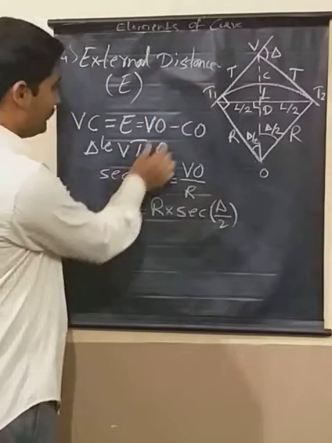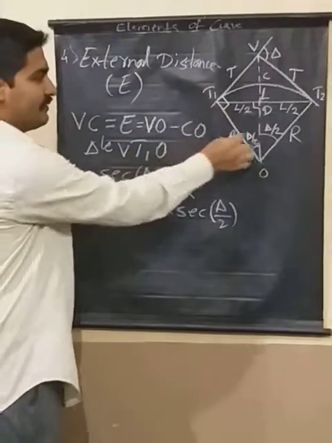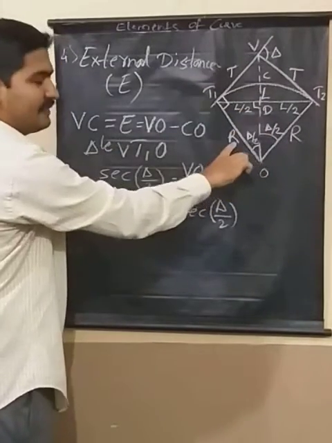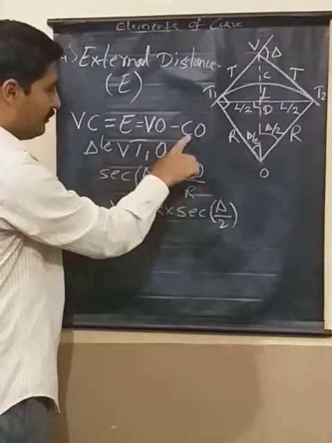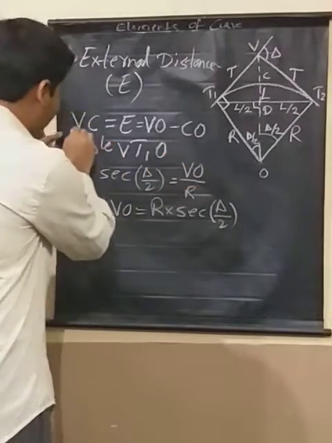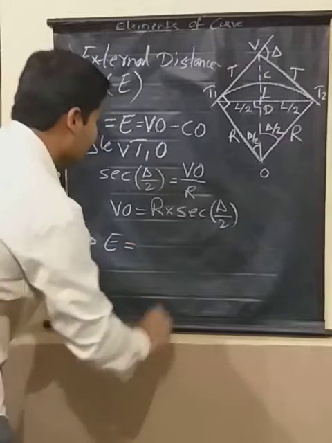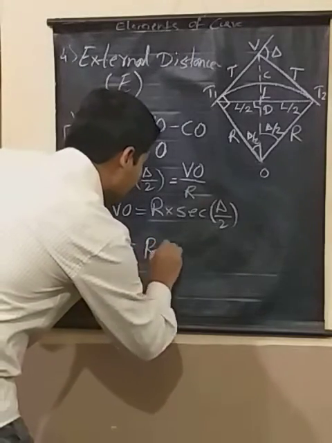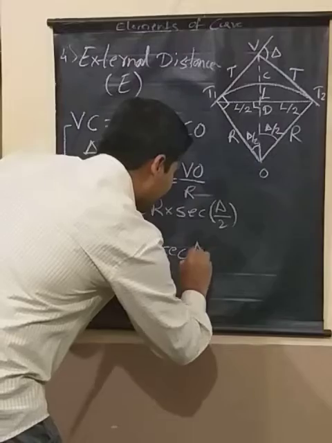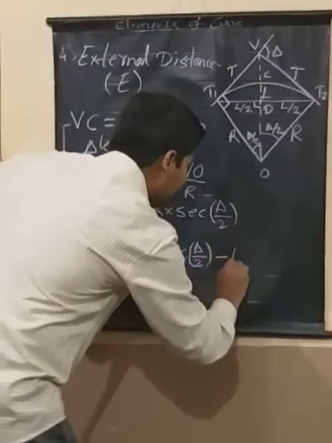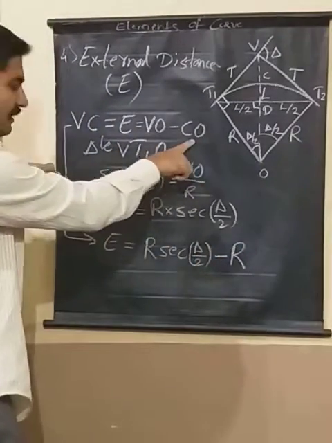So this VO you substitute here. CO is the radius itself, so CO will be R. So I am going to take this up now here. External distance will be equal to R secant delta by 2 minus R, isn't it?